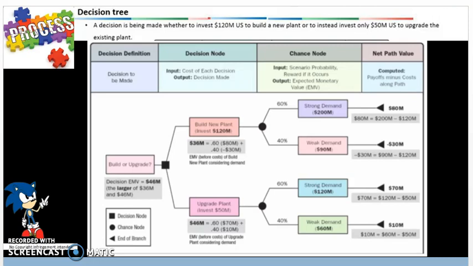So the higher the expected monetary value coming from probability times impact leads us to select the top path with the net path value of $80 million shown here. We're taking the probability times impact, and we sum up those probability and impacts. That gives us $80 million. So this helps us automatically focus attention on getting more bang for our buck.